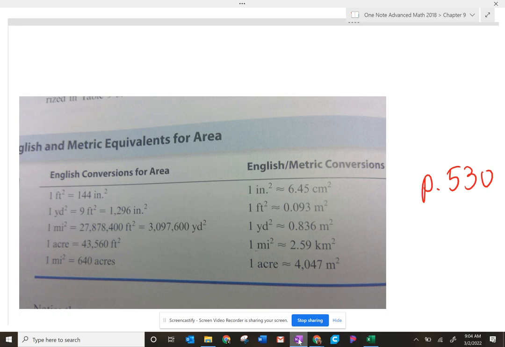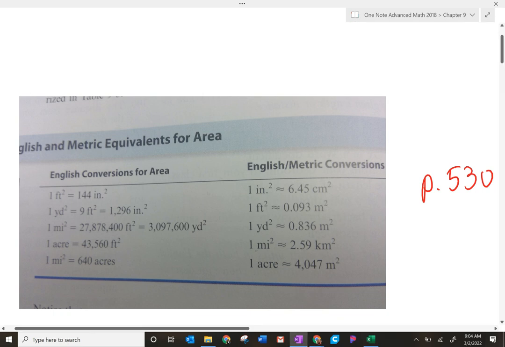I'll look at that very first one, the one that says 1 square foot equals 144 square inches. So again, if I have this 1 square foot right here, this is 1 foot, this is 1 foot, and I'm going to divide it into inches.